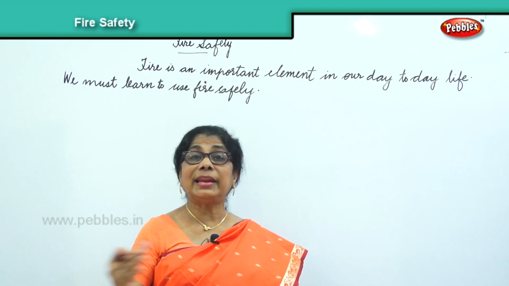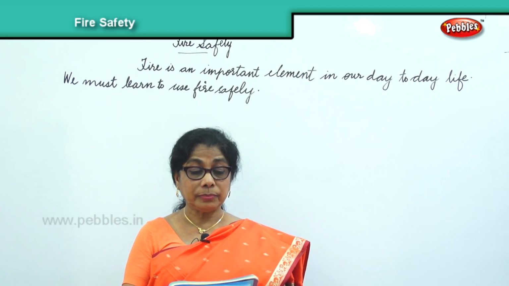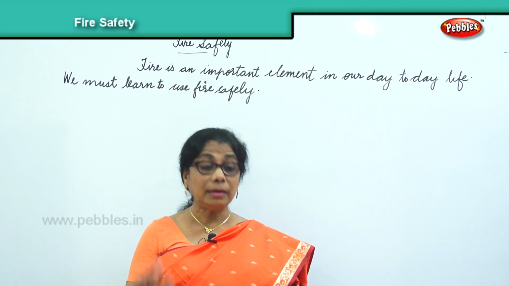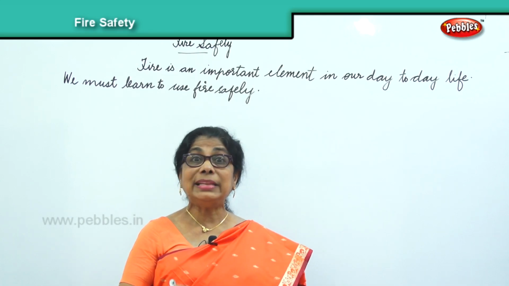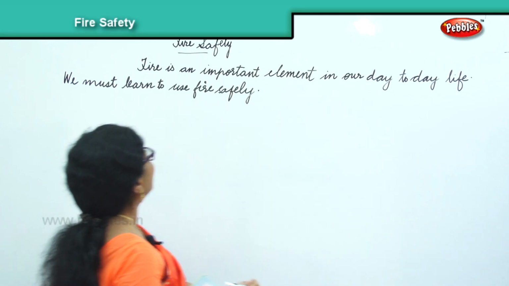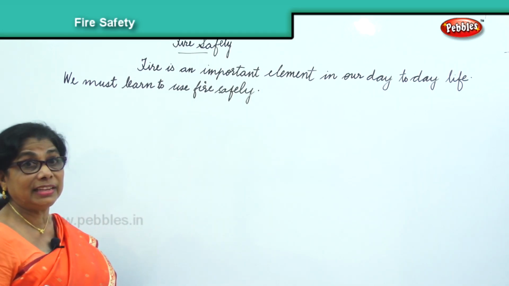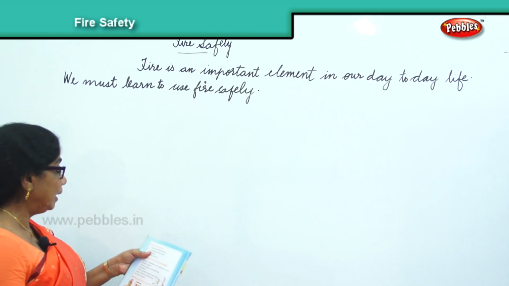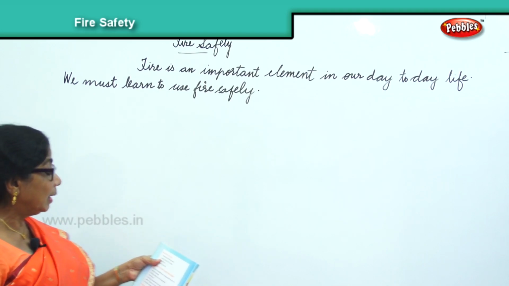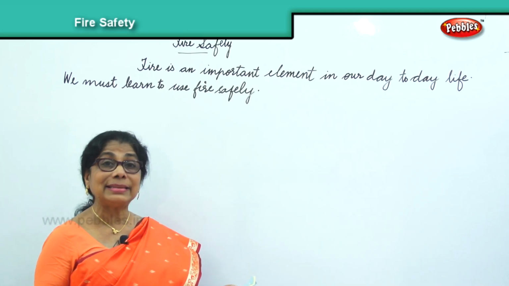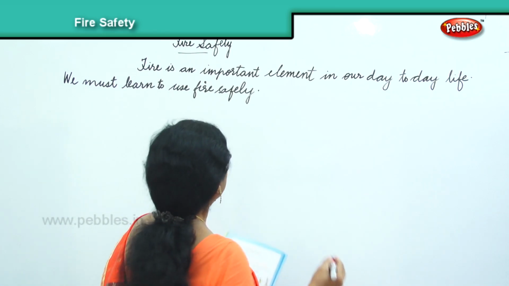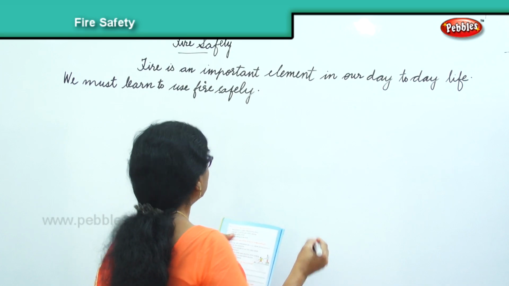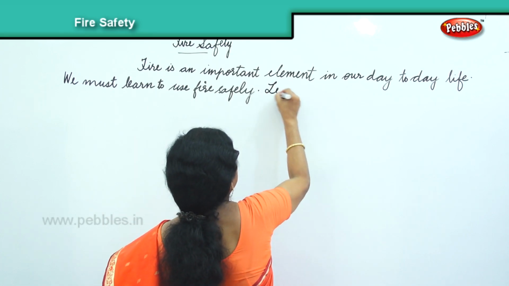How do fire accidents occur? Now, fire accidents occur in the kitchen when there is a leakage of gas. We are talking about fire safety, how fire comes. Leakage of cooking gas in the kitchen. We must be very careful.